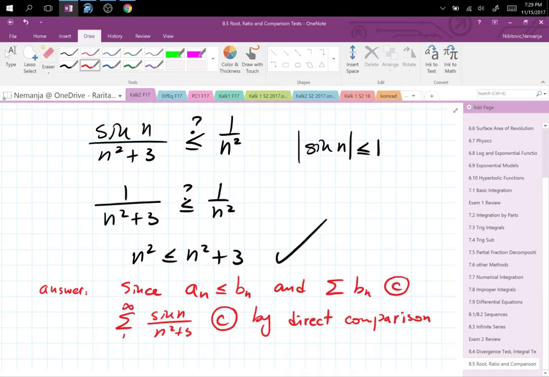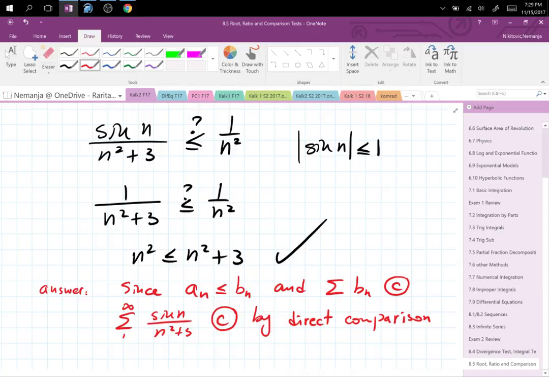Technically, if you just ignore this plus 10, you have 1 over k squared. You know that one converges by p series. I told you Monday to learn p series because we need it today. And now with direct comparison, you will see that this one is larger than that one, which means this one is squeezed, so it has to converge as well.